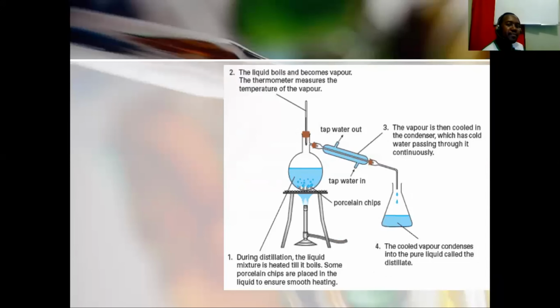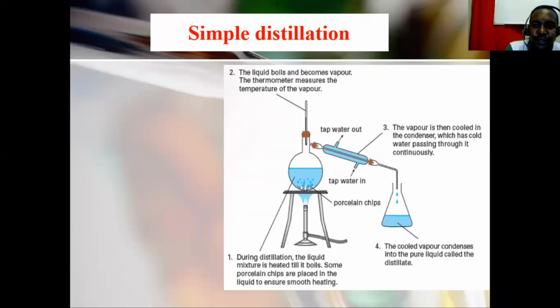And then this one, which one is this? Fractional or simple? Simple. All right, so simple. When do we use fractional and when do we use simple? Fractional simple distillation, I think, is used when there is a large difference in the boiling points of the liquids or substances you're using.